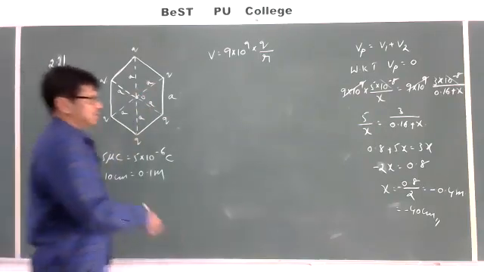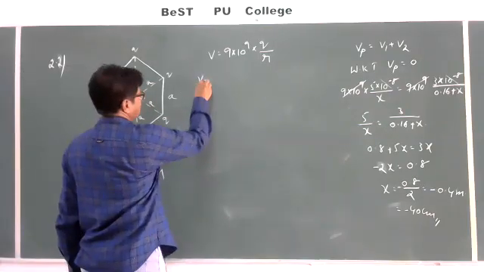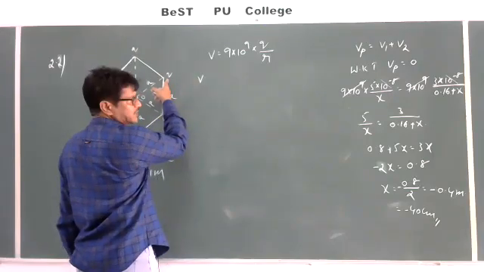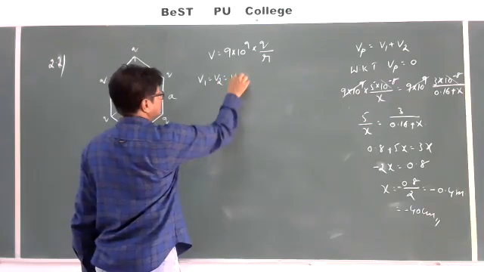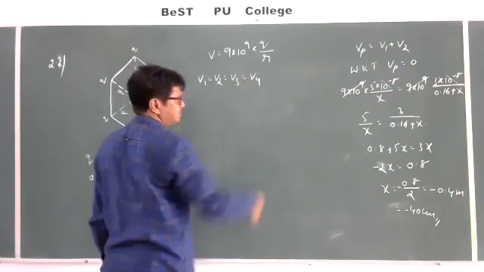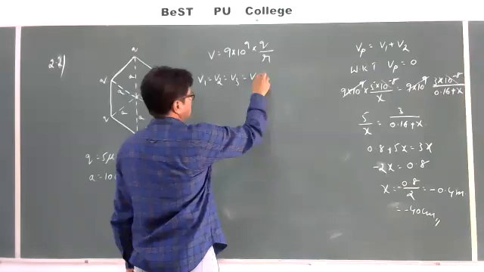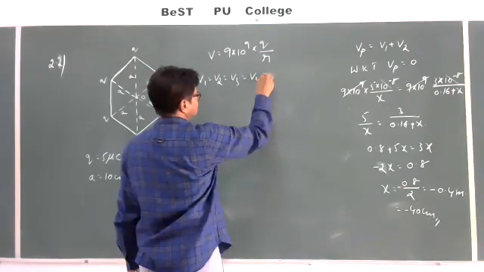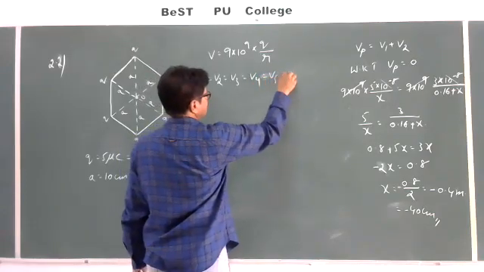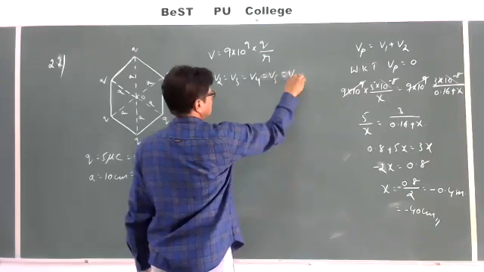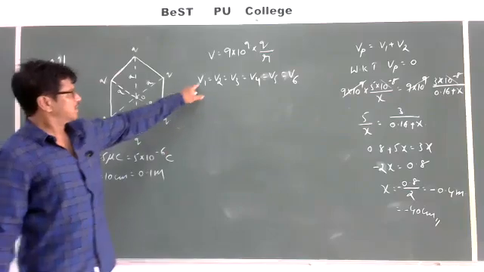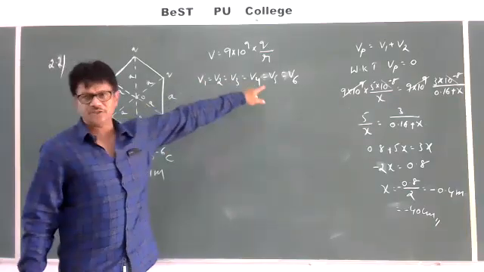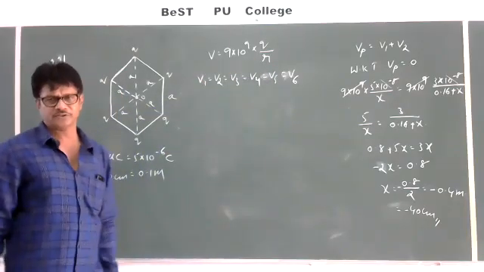So the potential at O because of this is V1 is equal to V2 is equal to V3 is equal to V4 is equal to V5 is equal to V6.